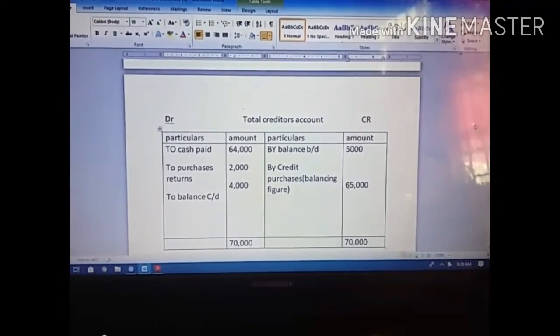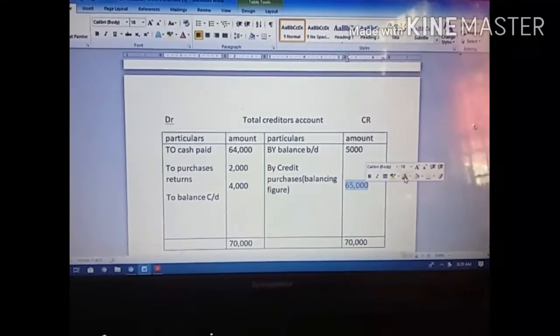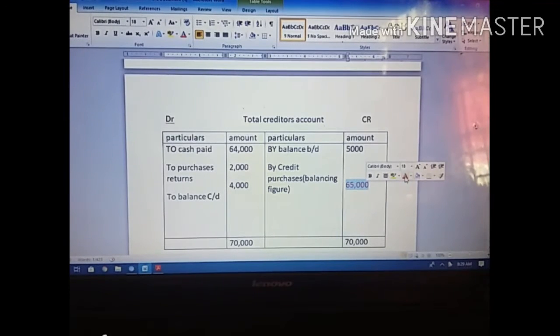So this 65,000 is the credit purchase. We have to find it out through the total creditors account. So we have to find out the opening capital to prepare the statement of affairs, and we have to find out the credit purchase through the total creditors account. So these two items are only missing in this problem, so we have to find them out.